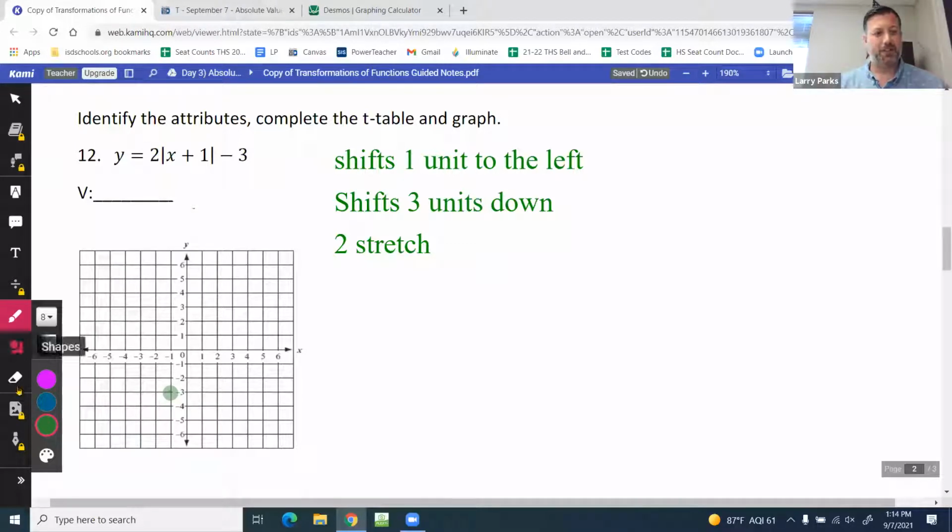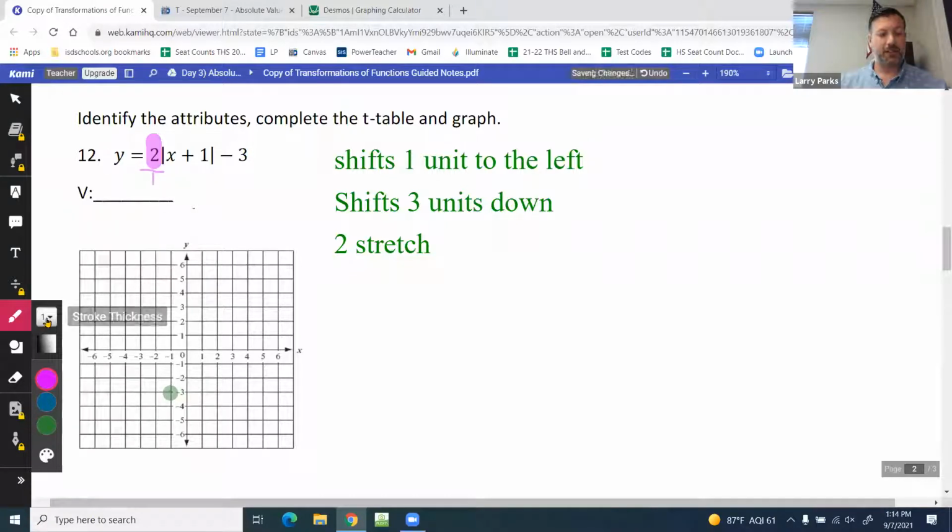And the 2, let's see, this 2 right here, you could kind of think of it as like your slope. So you're going to go up 2 over 1, rise over 1. So you can think of this as 2 over 1.